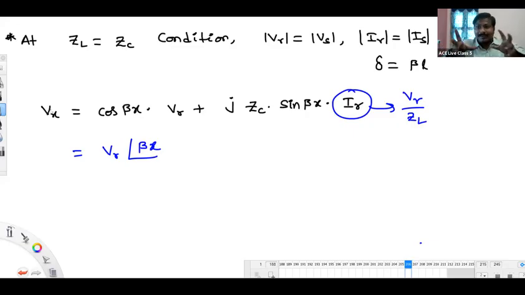If you plot this voltage profile, it looks to be a straight line. This line we are going to name as flat line.